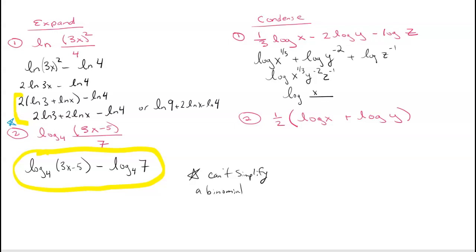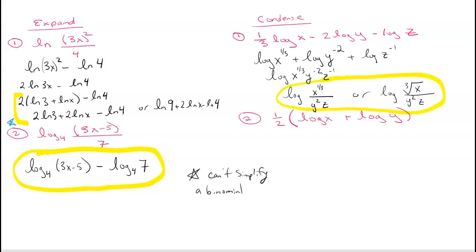So this will become x to the power 1/3. My y squared moves to the bottom, and same thing for my z. If you ended up writing it using a radical, this would have been the cube root of x, and then y squared and z on the bottom. So again, either one of these answers is perfectly acceptable.